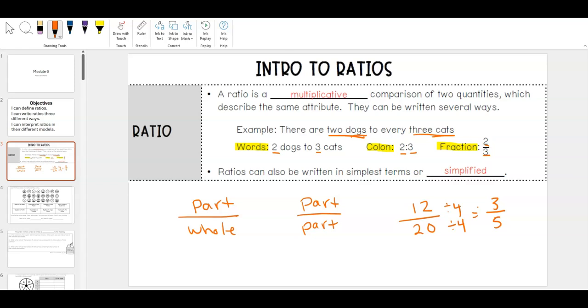So if I had 12 dogs for every 20 cats, it's the same thing as having 3 dogs for every 5 cats. So they can be simplified just like fractions.